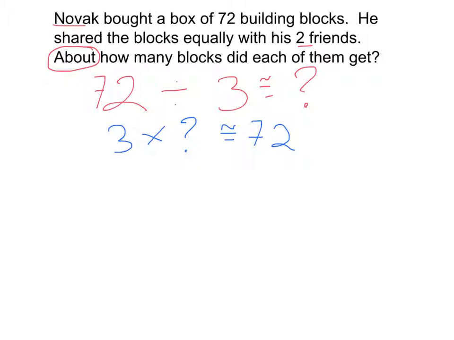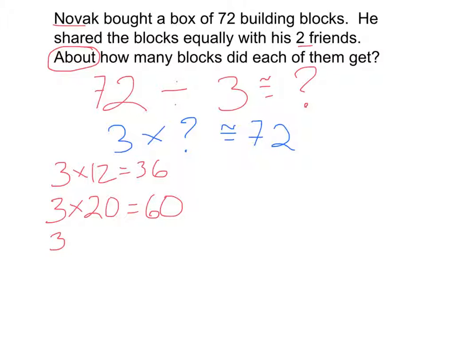Let's try what we know. 3 times 12 is 36. That is super far away. That probably will not be much use to us. So let's try 3 times 20. And that gets us to 60. That's closer. Let's see if we can get closer. 3 times 30 is 90.